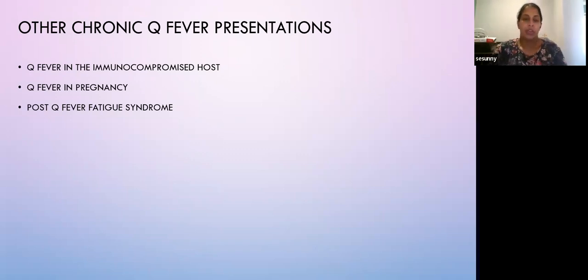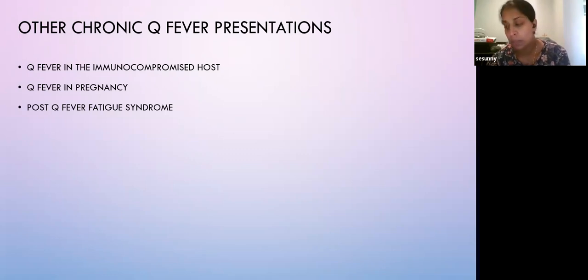In terms of post-Q fever fatigue syndrome, it is a recognized syndrome post-acute Q fever, and it's been defined by the International Working Group as the presence of fatigue, myalgia, arthralgia, night sweats, changes in mood and sleep patterns, which persist after a year following symptomatic acute Q fever with high antibody titers, but no features of chronic Q fever in terms of actual organ involvement.